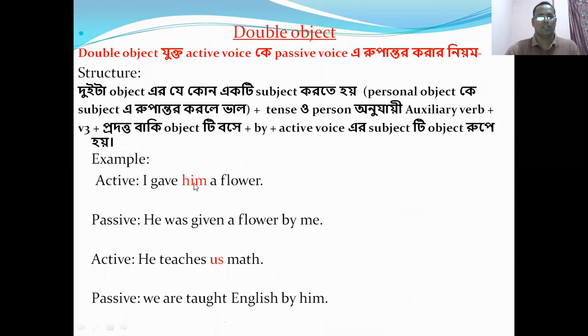We will make the personal object the subject. Him will be he, and a flower will be flower here. And the rules are the same. He teaches us math. We are taught math by him.